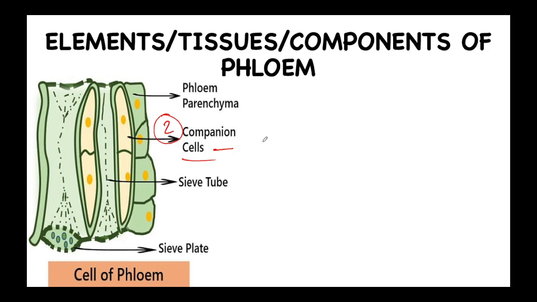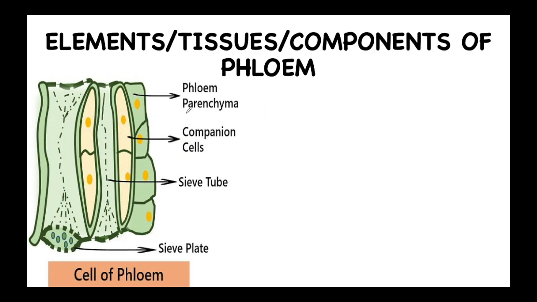Companion cells are parenchymatous cells actually, and what is the main function which these cells perform? Their name suggests companion, means friend. So they help in maintaining the pressure inside the sieve tubes to avoid them getting collapsed. Since companion cells help sieve tube elements, therefore it is named so. Companion means friend, for help.